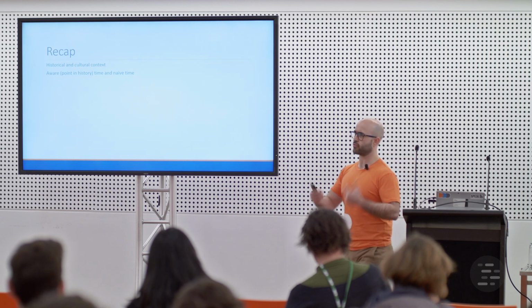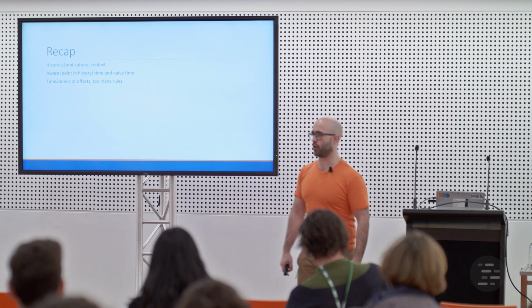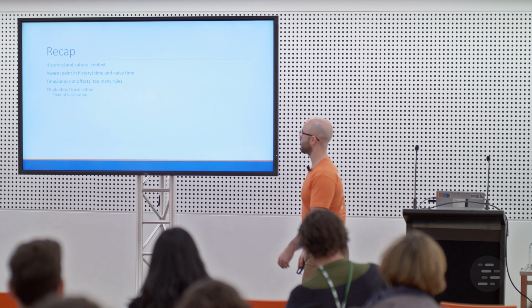Be cognizant of the difference between what is an aware date, that is a point in history, and a naive date that doesn't necessarily care where it is in history. Rely on time zones and not offsets. Although most of the time we're at +10 here in Melbourne, sometimes we're at +11. Do you want to look after that in your code base? Probably not. This is done for you.